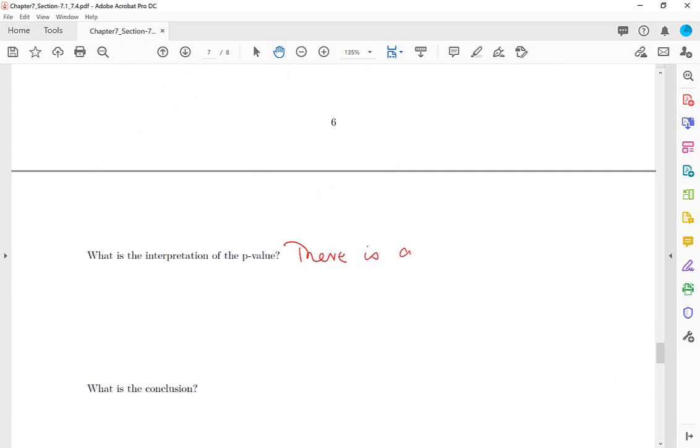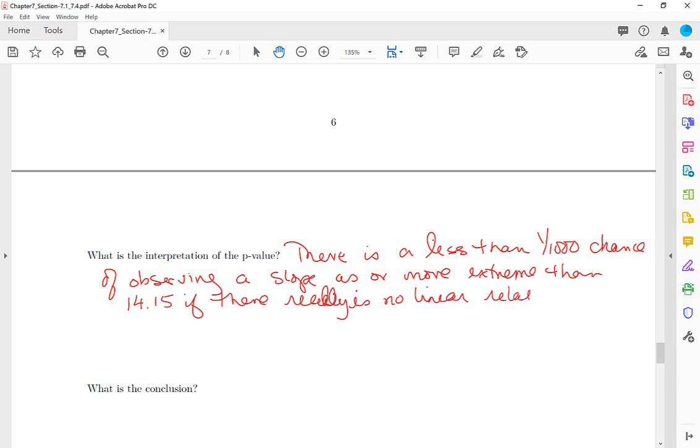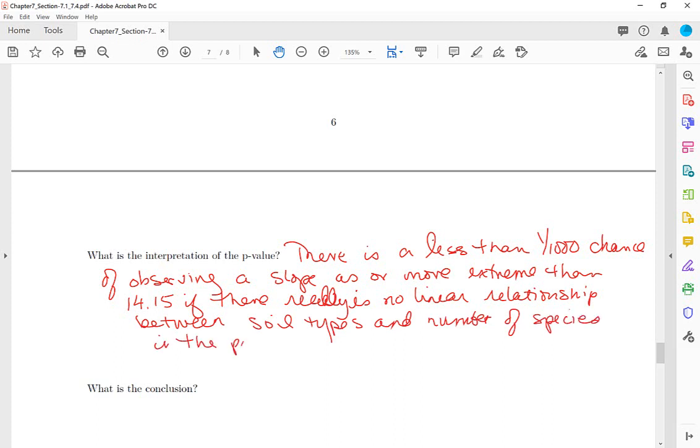So there is a less than 1 out of 1,000 chance of observing a slope as or more extreme than 14.15 if there really is no linear relationship between soil types and number of species in the population, if the null is true.